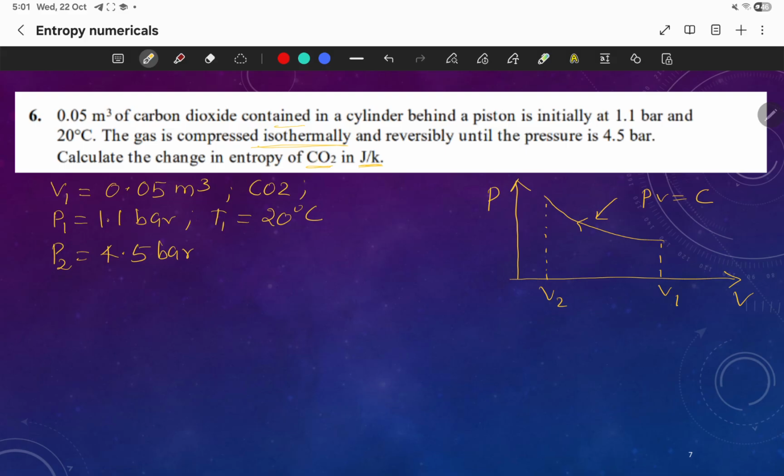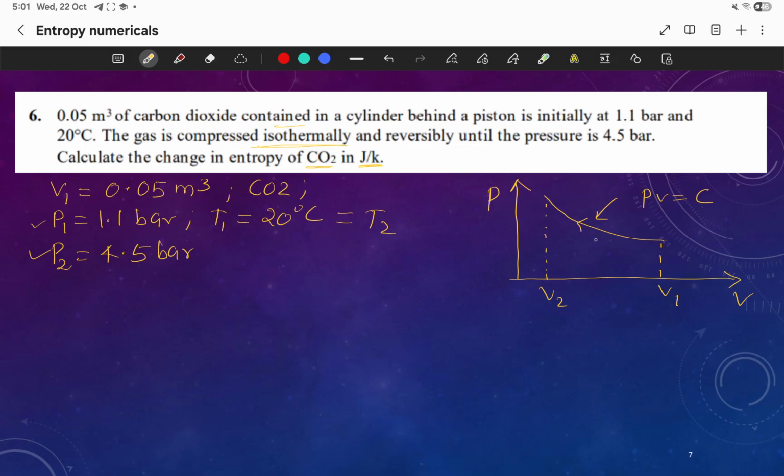Okay, now it is saying that calculate the change in entropy. Now the temperature is constant through this curve, so T1 will be equal to T2, and you can see here that we have P1 and P2 already given.